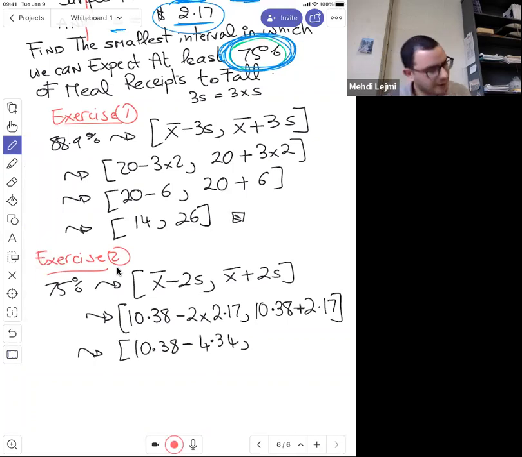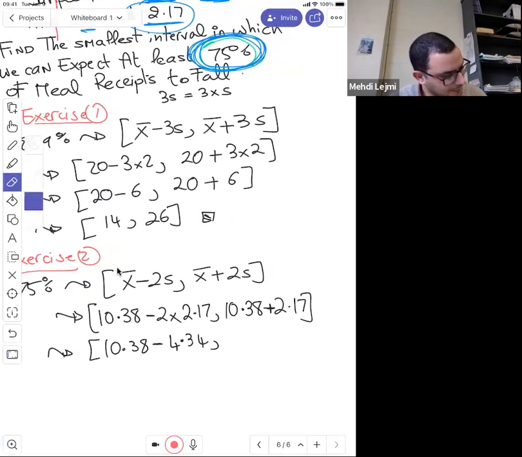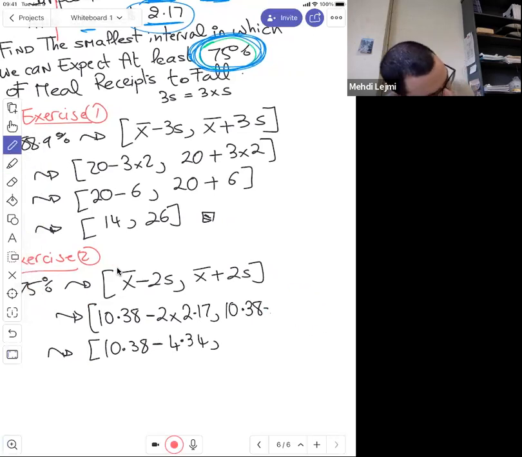Oh, sorry, I forgot to multiply by 2 here. This is 2 times 2.17, of course, minus 2 times, sorry, plus 2 times 2.17, right? So it's 10.38 plus 4.34.